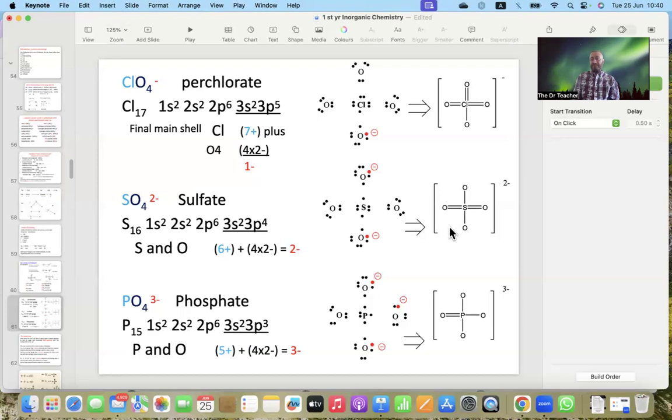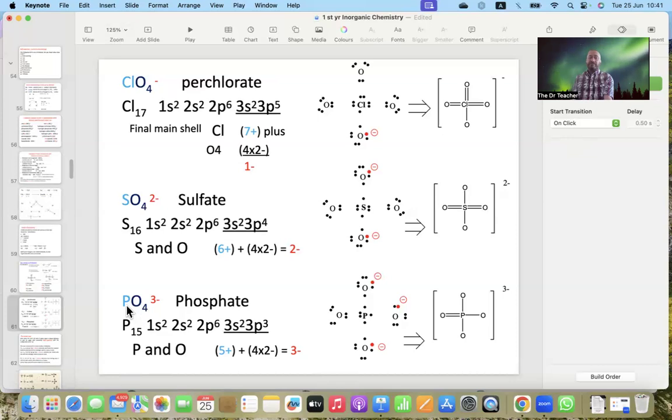So in this case, I have 6 electrons to be donated from the sulfur. I have 8 electrons extra from the oxygens. The difference between them is -2. -2 is the overall charge for the group of sulfate.